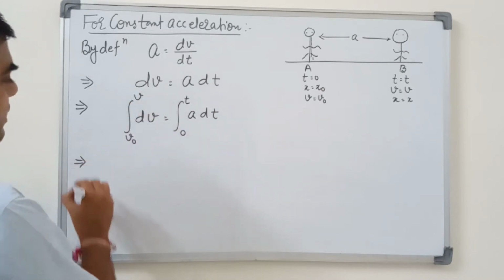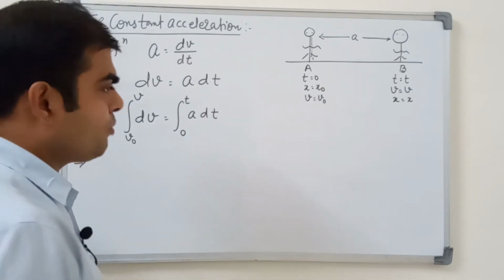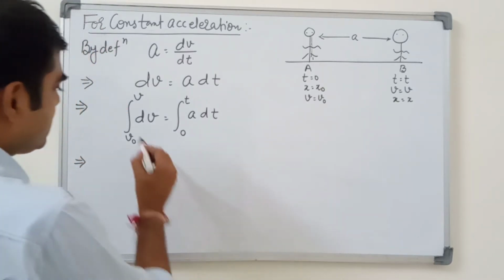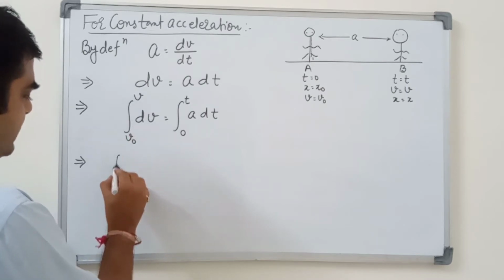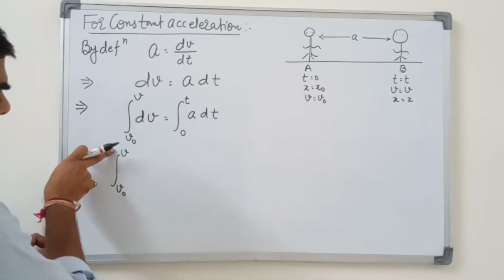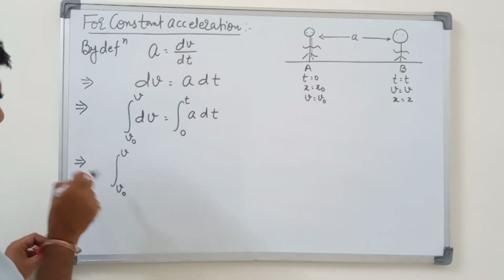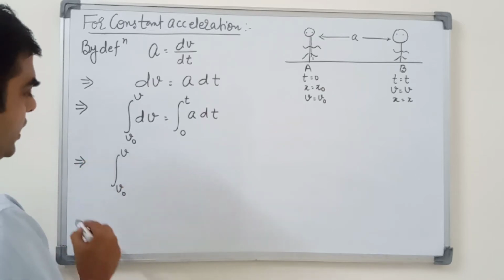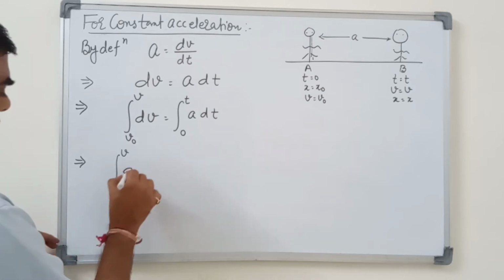So now apply the integration formula. The integration of dv on the left-hand side is as it is, from v naught to v, where v is the upper limit and v naught is the lower limit.